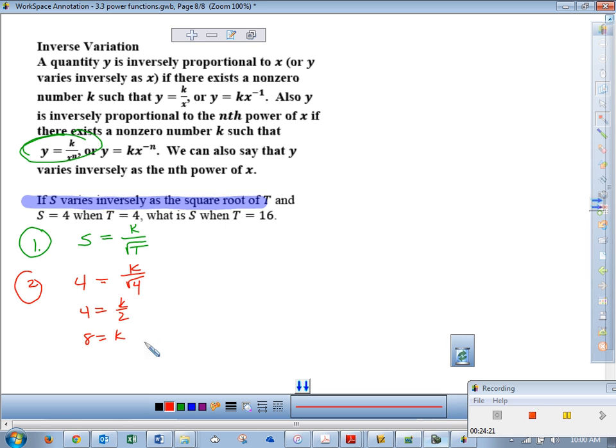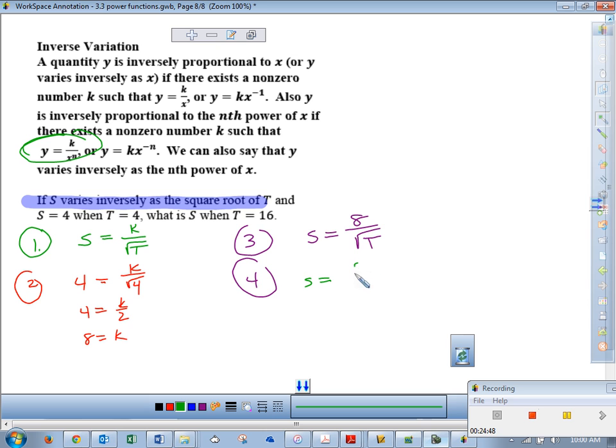Now rewrite your original equation, substituting k back in. So S equals 8 over the square root of t. Going back to my green one, all I did was replace k. And then step 4, let's solve this. It says, what is S when t is 16?